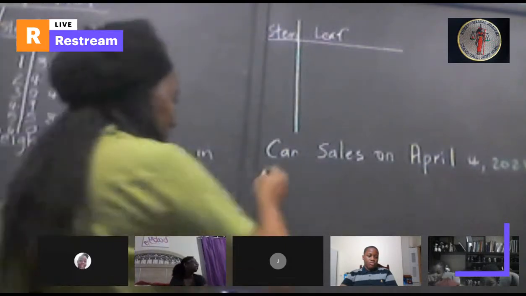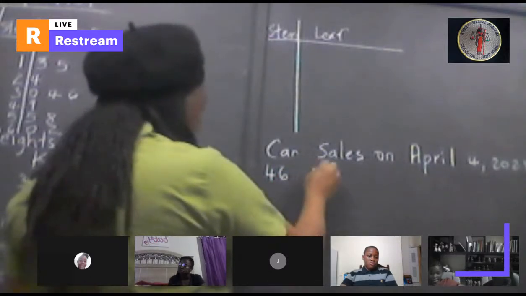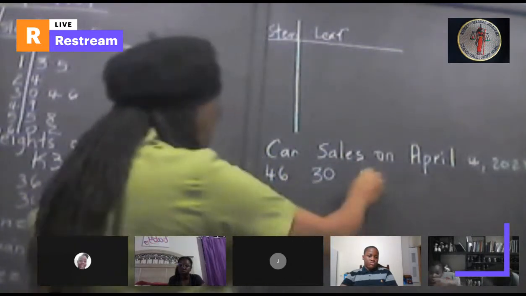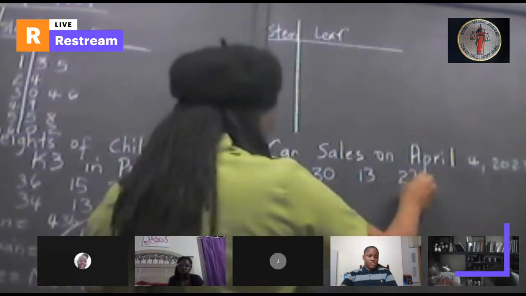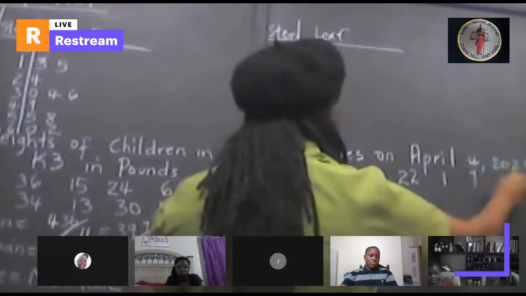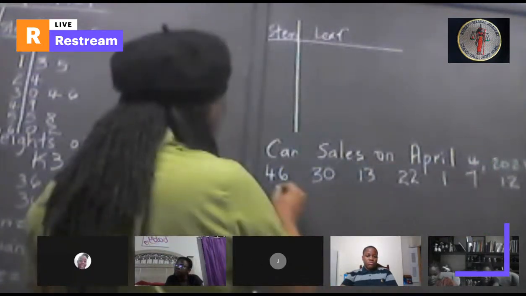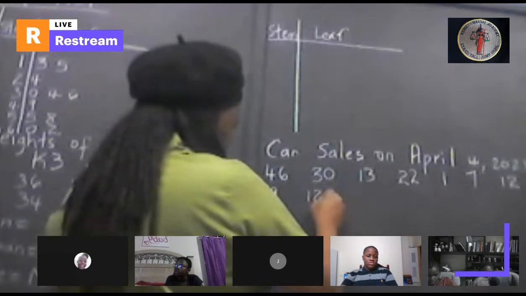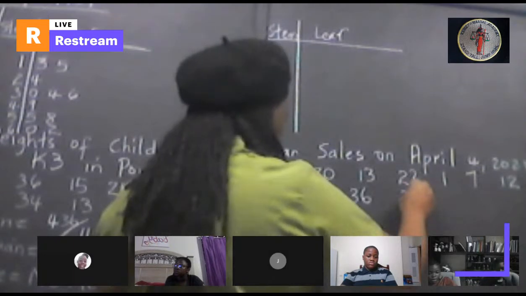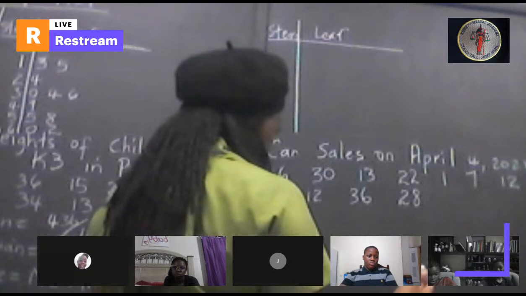So I'm going to write the numbers of cars. Some salesmen will sell lots of cars per day. Some might only sell one or two if they're not good at the job or they don't have the experience. The more experienced ones, who just have a knack for it, will sell lots of cars. So we have from 1 all the way up to 40 something cars.